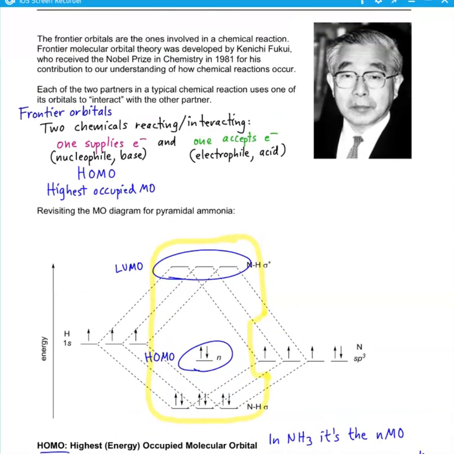Its partner, the one that's accepting the electrons from it, we're either going to call an electrophile or an acid, depending on exactly what it is doing in the reaction. But either way, it's going to use its LUMO, or its lowest unoccupied molecular orbital.